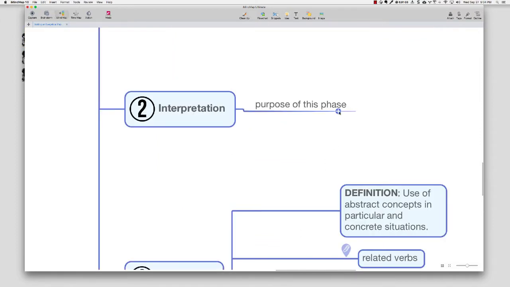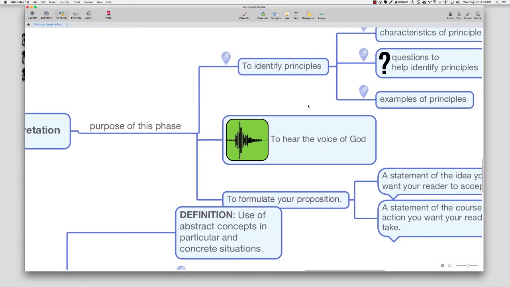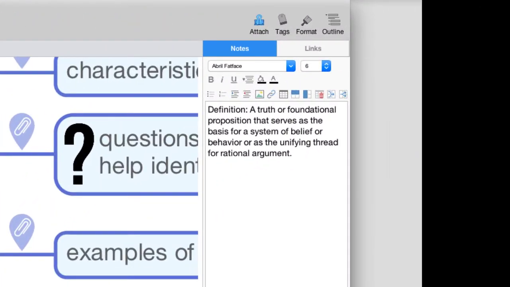The purpose of the interpretation phase is threefold: to identify principles, to hear the voice of God, and to formulate your proposition. So, to identify principles, let's talk about that first. The definition of a principle is a truth or foundational proposition that serves as the basis for a system of belief or behavior, or as the unifying thread for rational argument.